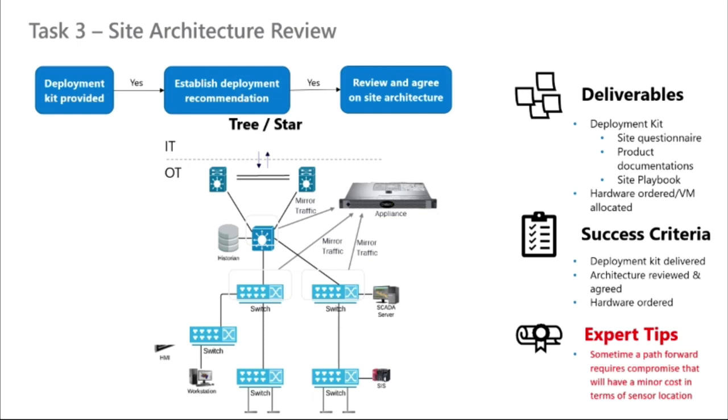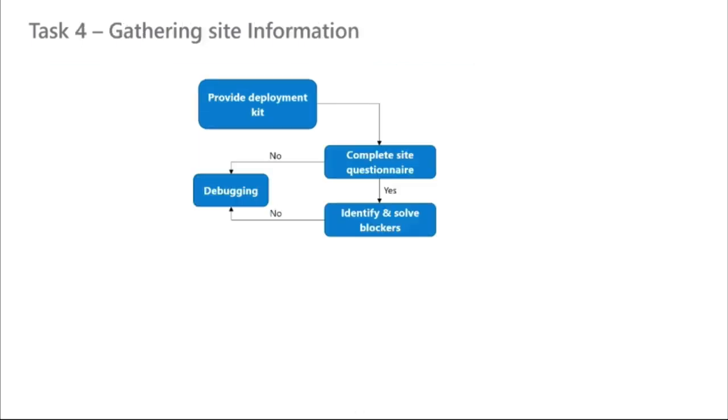Gathering site information. We're providing the deployment kit that involves many questions, varying from what kind of PLCs and HMIs are deployed in your network, so we can fine-tune and understand what to expect. Are we expecting specific protocols to be discovered, Modbus, DeltaV, industry-specific ones for pharmaceutical or for a car-related industry?